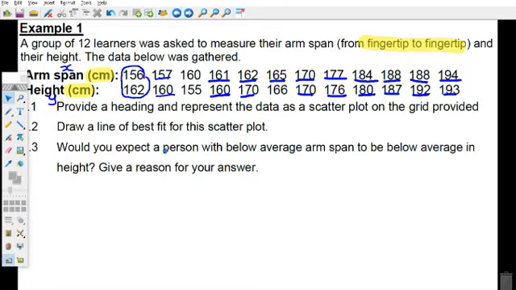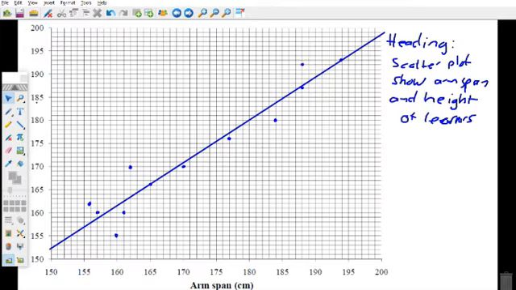So would you expect a person with below average arm span to be below average in height? Give a reason for your answer. So let's interpret what we got here. Let's read this graph. Is this a positive or negative graph? Positive.